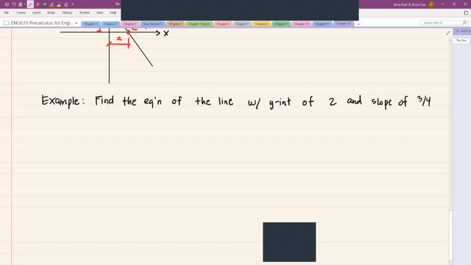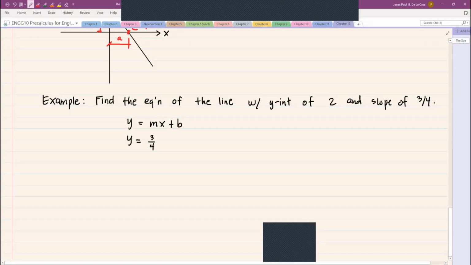So given na, diretso given na yung y-intercept and the slope. So doon sa formula natin na y is equal to mx plus b, direct substitution lang yung m tsaka b. So this is y is equal to 3/4 x plus 2. So yan na yung slope-intercept form.